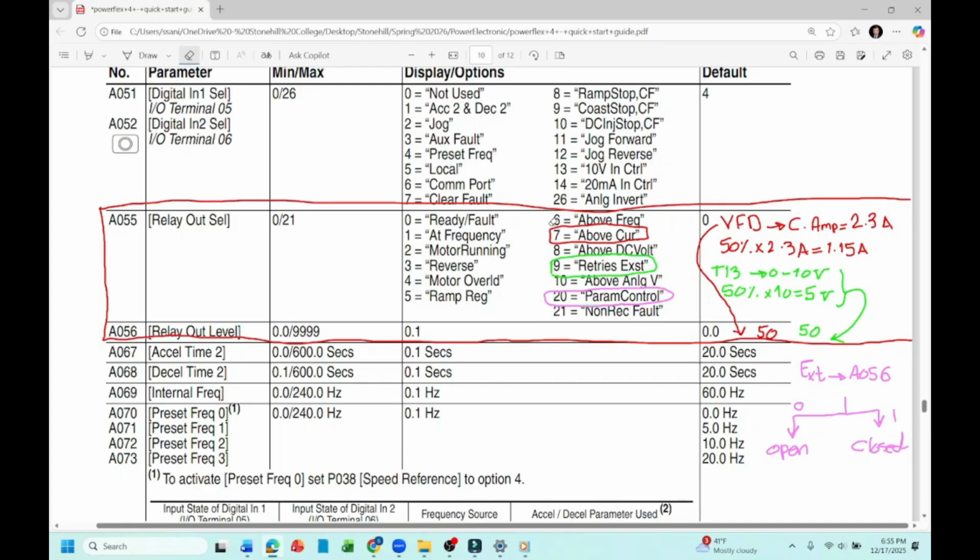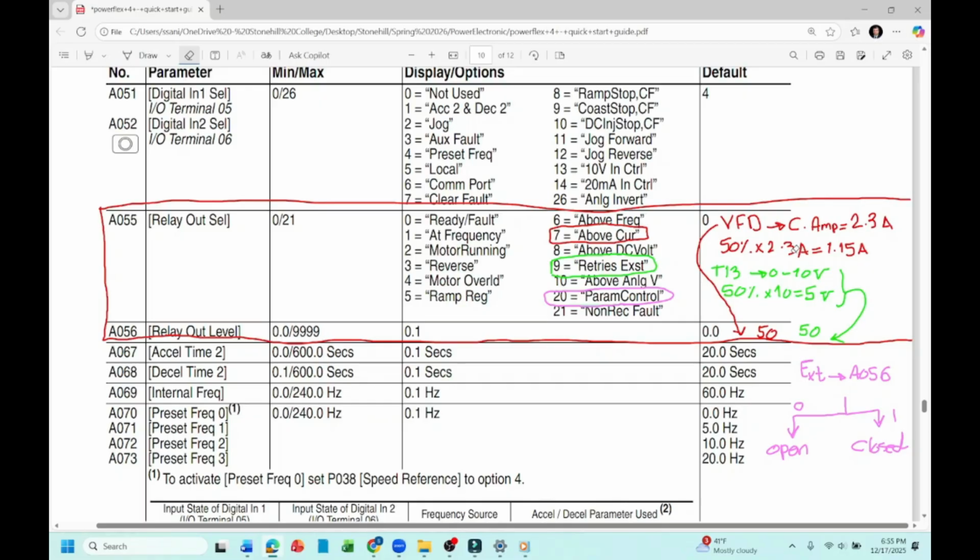If you choose this 7, you need to write the percentage in A56, for example, I'm writing 50 there. So what does it mean? It means if the current goes over 50% of the continuous amp of your drive, which in my case is 2.3, so 50% of 2.3 is 1.15 amps.